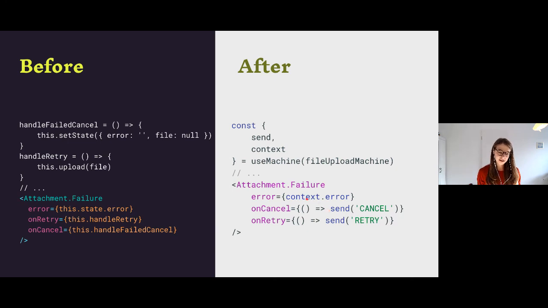And in this case, the finite state machine is in failure state. And when it receives this cancel event, it will know that it needs to transition to the idle state. The same thing will happen with retry. And also, as you see, we are not storing the states in the UI component anymore. When we need to display an error to the user, we take it from the context of the finite state machine.